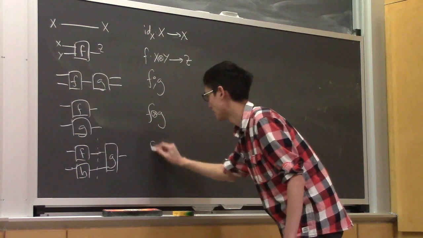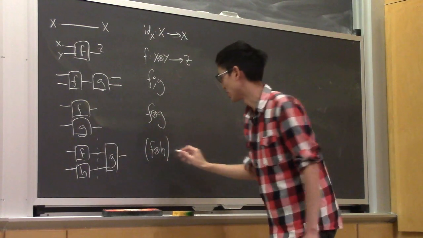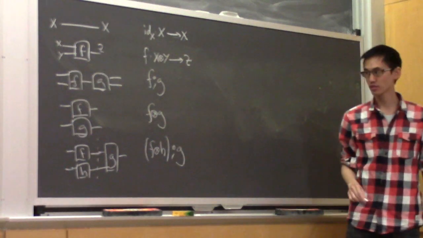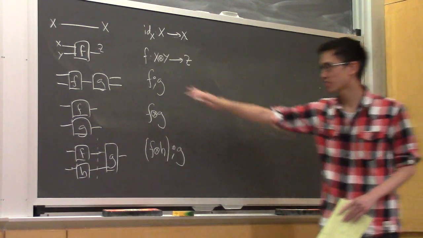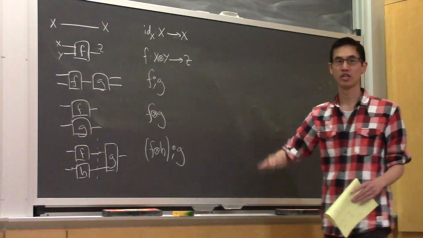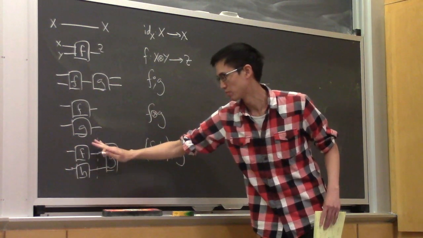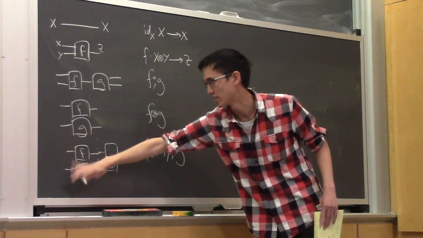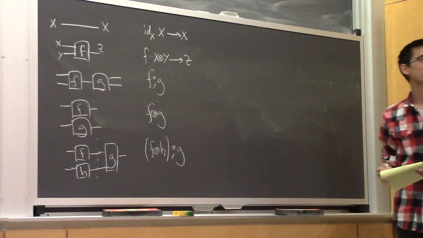First, we can see this as F tensor H, and then we can see it as being composed with G. So that's how you read a composite diagram like this, by scanning across and dividing into vertical parts, where you put a line between constant identity wires. There are some identity wires here, identity wires here, and something happens between them. So we need to interpret that and write what's going on.